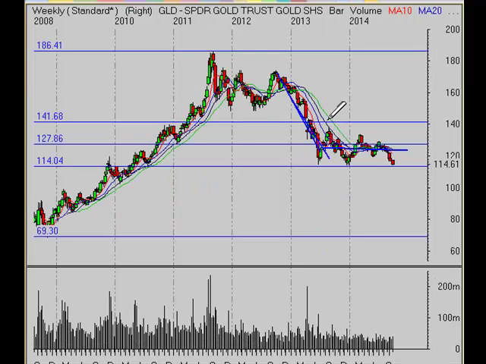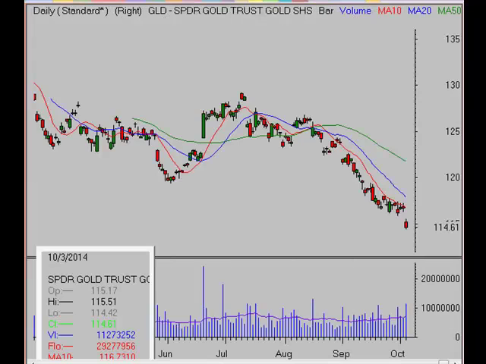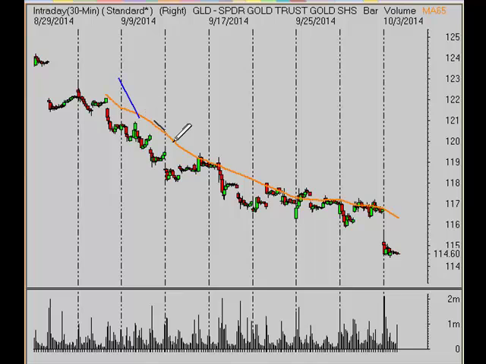When we look at gold, we see kind of the same type of pattern, so there's no reason to be a buyer of gold. Maybe we get a bounce somewhere in here, but we're still below a declining 5-day moving average, and as long as that 5-day moving average is declining, the intermediate term trend remains guilty until proven innocent.